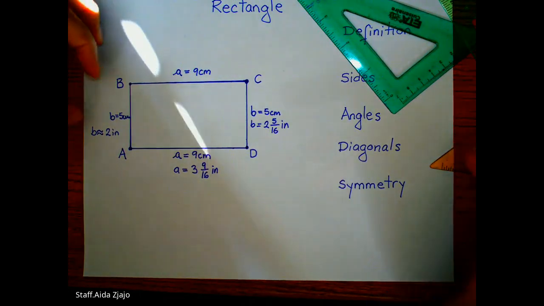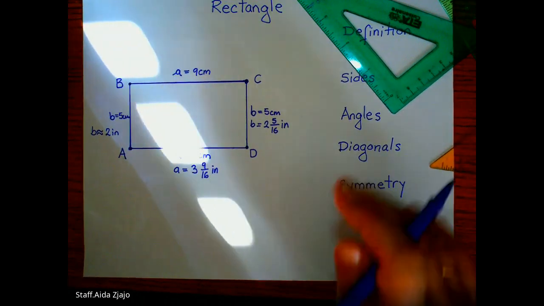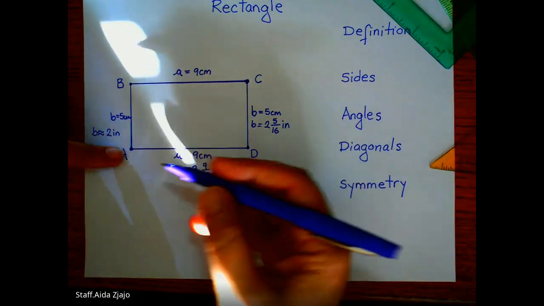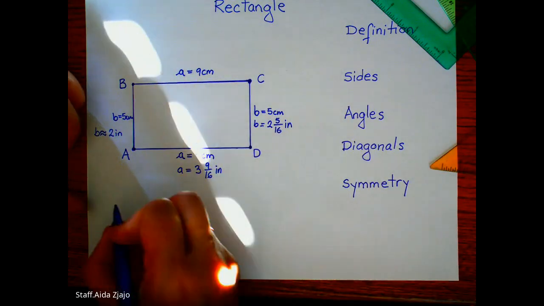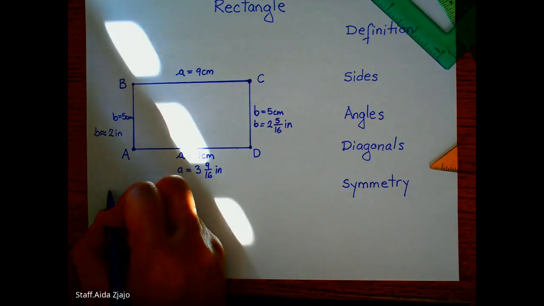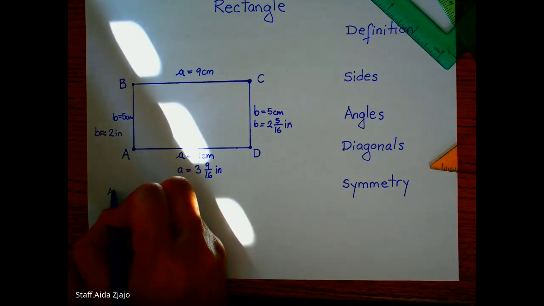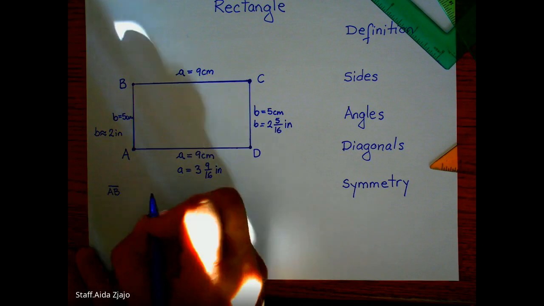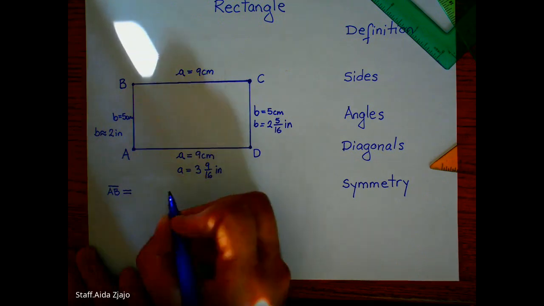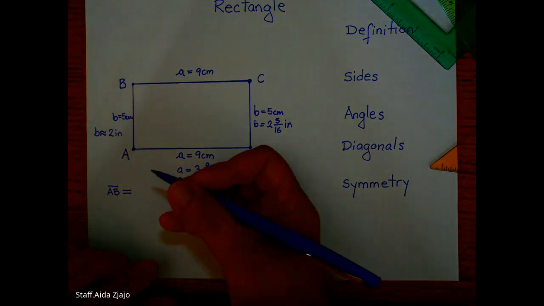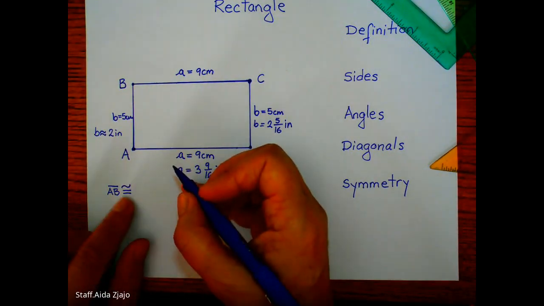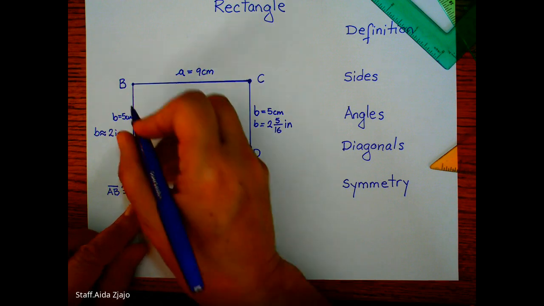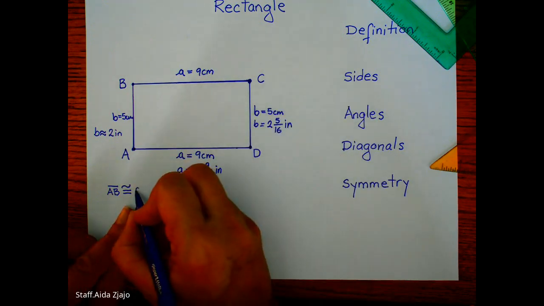We also can label the rectangle as we need to, going clockwise: A, B, C, D. So if this is rectangle ABCD, we can say AB line segment is congruent, and this is the symbol for congruent, to CD line segment.